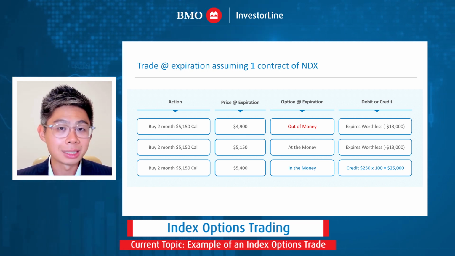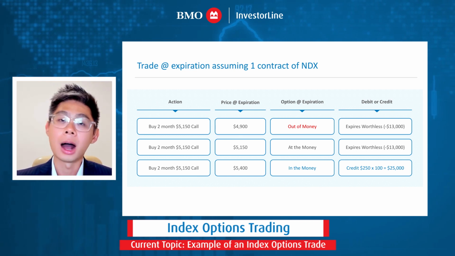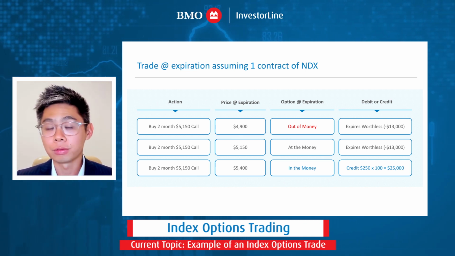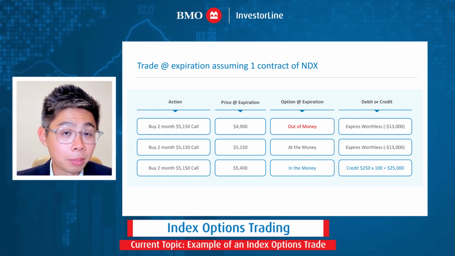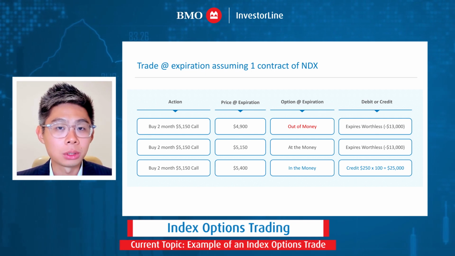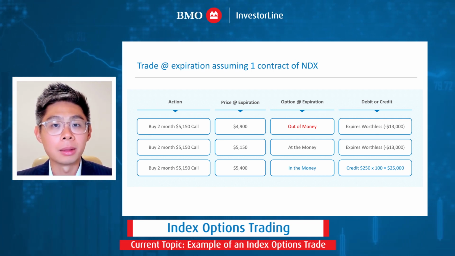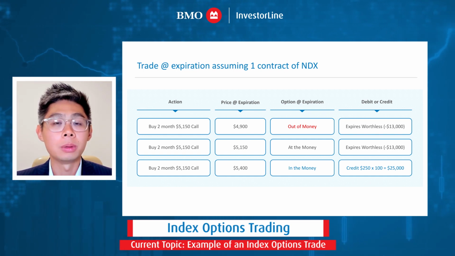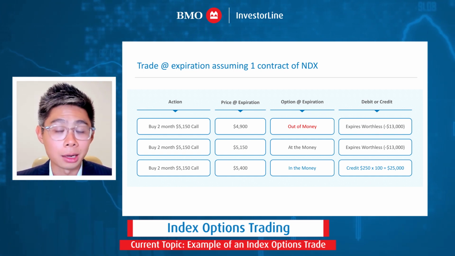And what that means is that at expiration, even though the call option is in the money, I won't have to take physical delivery of the underlying security, such as what I would do if I had bought this call option on, let's say, SPY, the ETF option. If I had bought SPY options that expired in the money at expiration, I would be auto-exercised and I would own 100 shares of SPY at expiration.